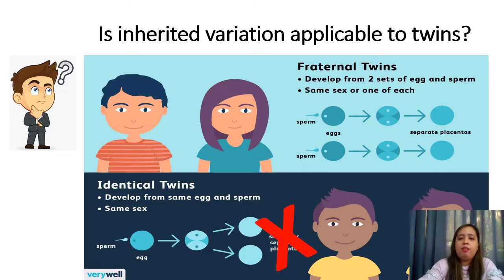Meron tayong inherited variation sa fraternal twins. Why? Because it came from two separate sperm and egg cell. So, dalawa-dalawa yun. Ma'am, pareho naman galing sa mama at papa yung sa may fraternal twin. That's true. But do remember, in your meiosis 1 and meiosis 2, which leads to the formation of your gametes. Ito yung layman's term natin, or the term that we have is oogenesis and spermatogenesis, no?